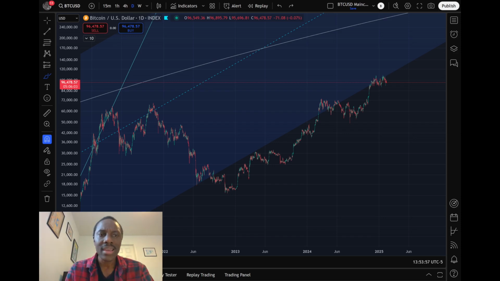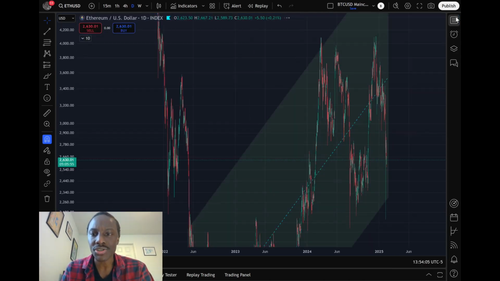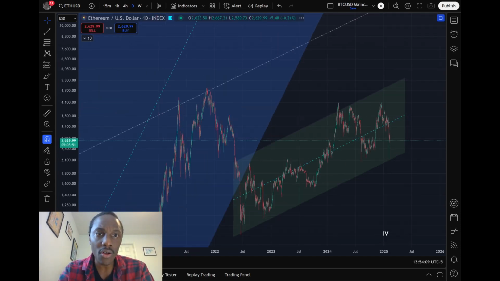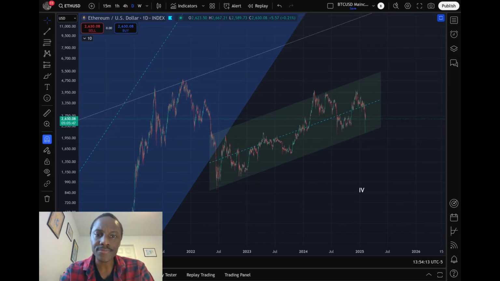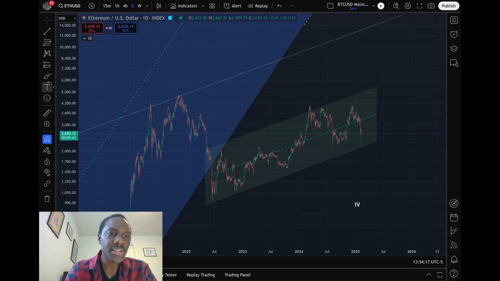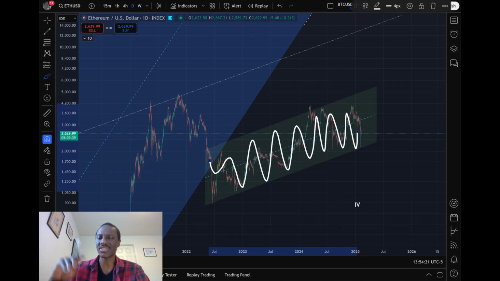Now, in the altcoin space, by and large, right, altcoins haven't been doing much of anything. While Bitcoin was chopping up from its lows, altcoins more or less have been either stagnant, sideways, some have been going down, right?